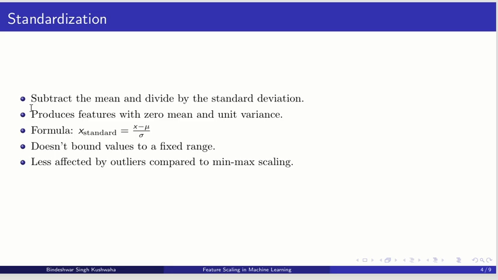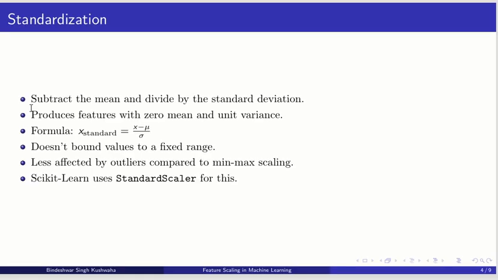Outliers, you know that, or in the next video I will explain, are samples that are very far from the mean. Scikit-Learn uses the StandardScaler module for standardization of the feature.